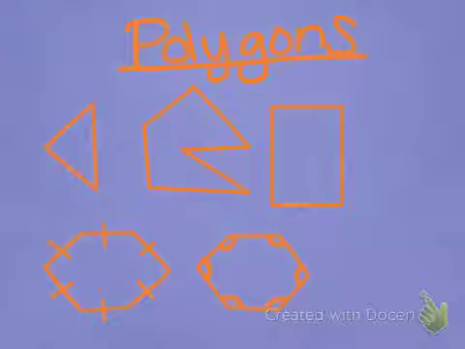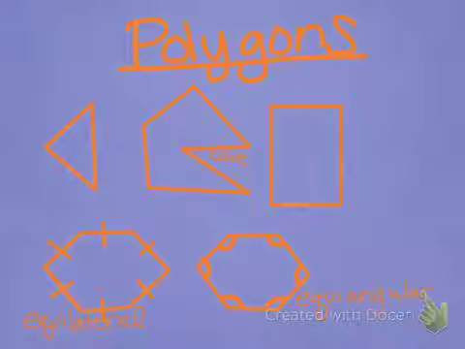Of course, you can recognize the triangle and the rectangle, and then we have some other shapes. This one with the tick marks on it is what we consider equilateral. All of the sides have the same length. And this one we would consider equiangular because all of the angles are the same, if you can excuse my poor drawings.